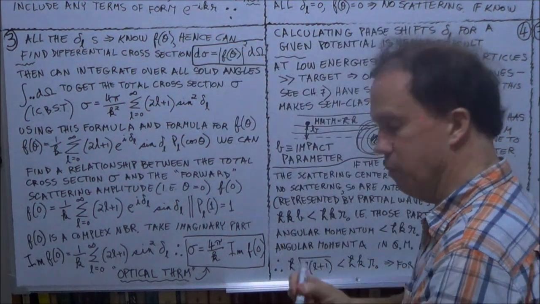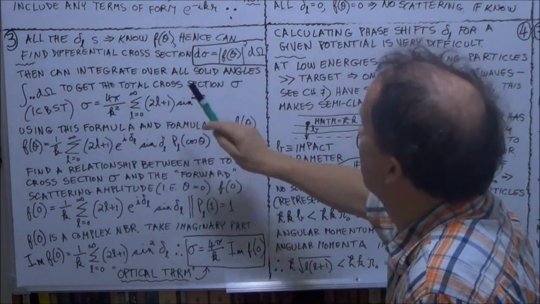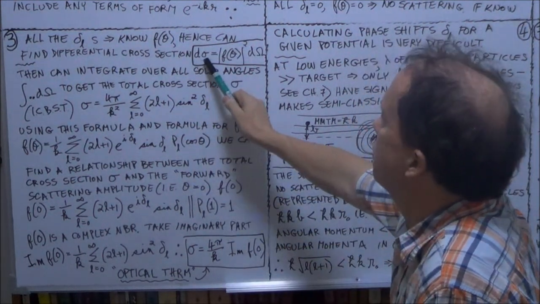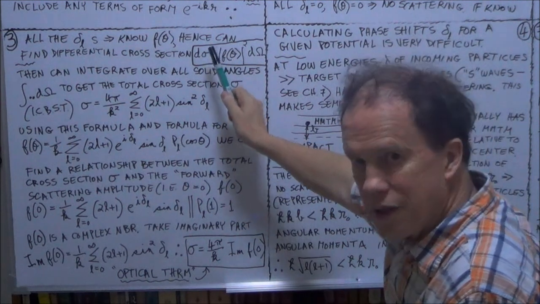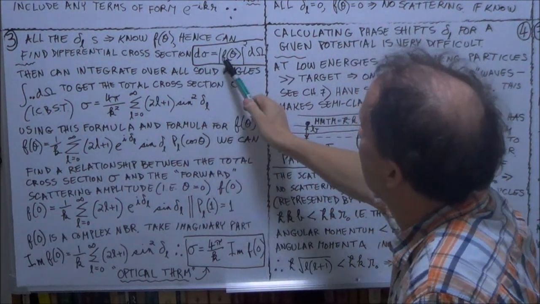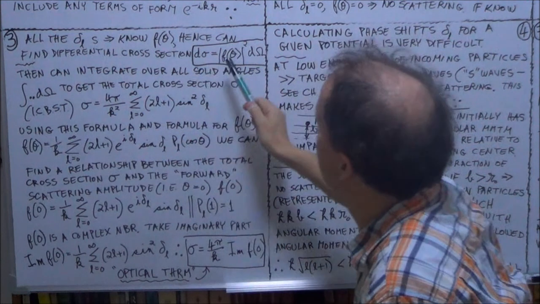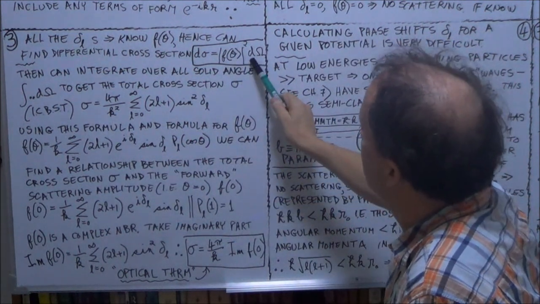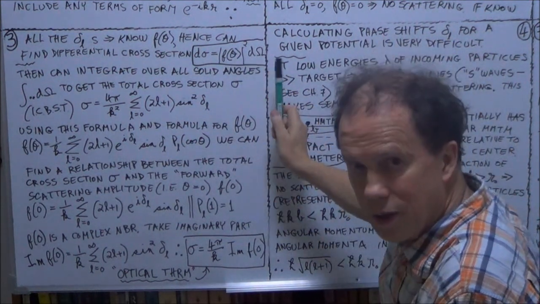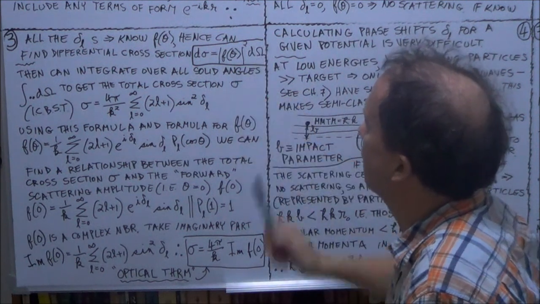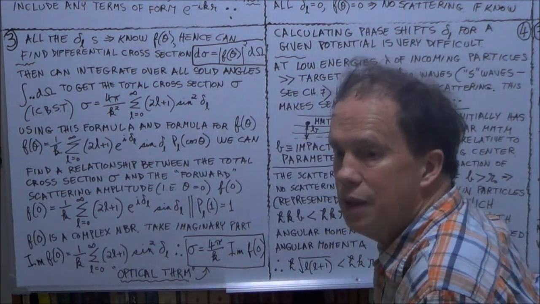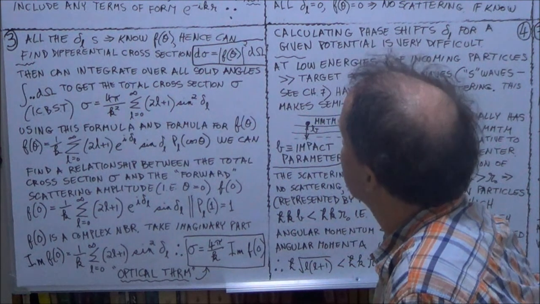And if you know what f of theta is, then I can put this. It's an important formula from earlier sessions. This is the differential of the cross section, which is f squared times the differential of the solid angle. We talked about that several sessions ago.